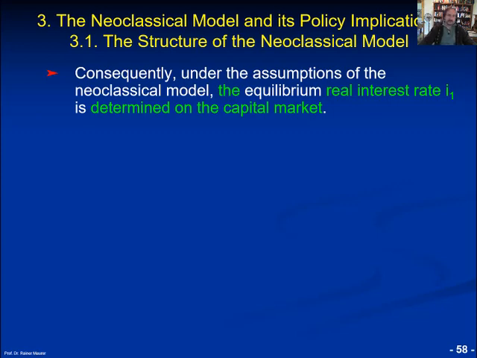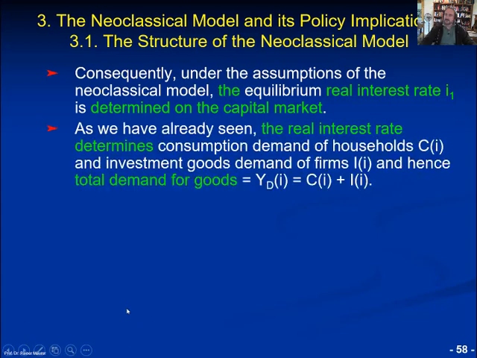So far we have deduced the capital market of the neoclassical model and determined the equilibrium interest rate on the capital market. As we have also seen, the real interest rate determines consumption demand of households and investment demand of firms, hence total demand for goods, which is equal to consumption demand of households plus investment goods demand by firms.